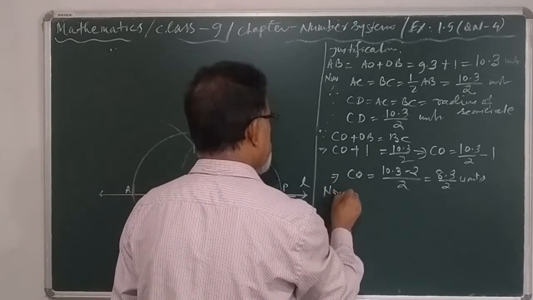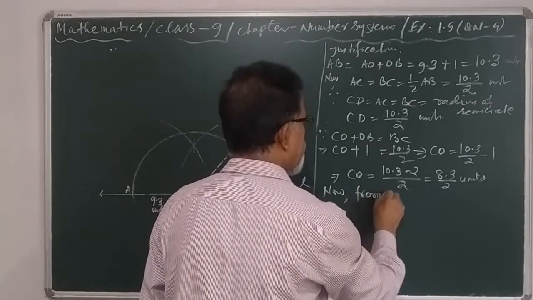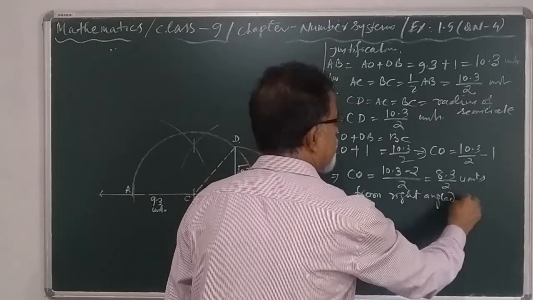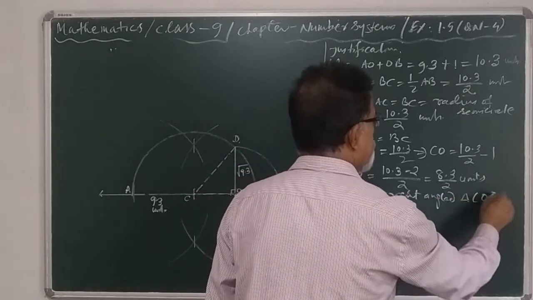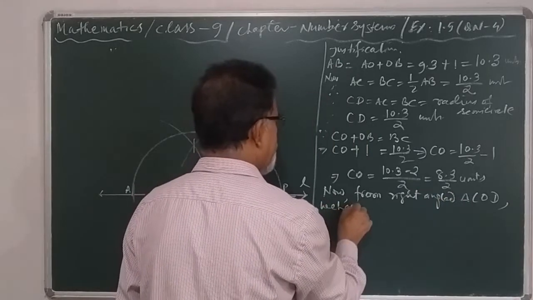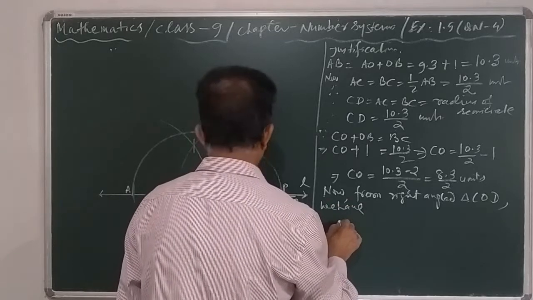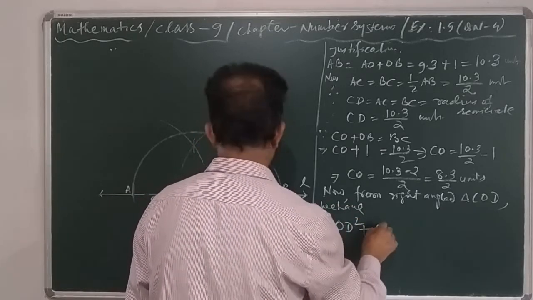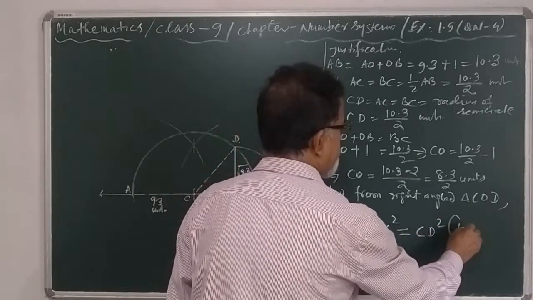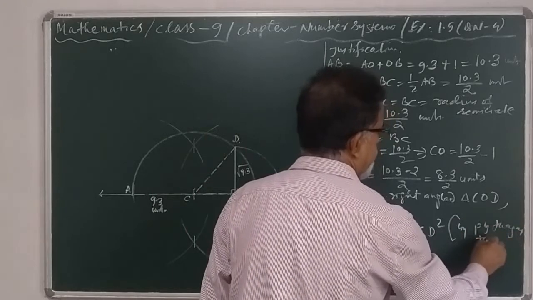Now, from right angle triangle COD, we have OD square plus OC square equal to CD square by Pythagoras theorem.